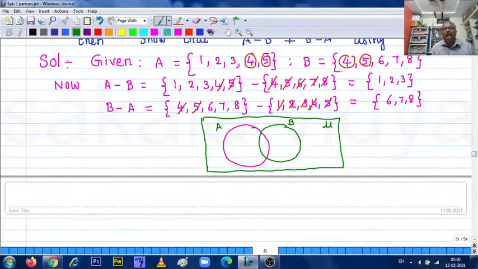We have 4, 5. Next, this is 1, 2, 3. The red part is the A minus B part. Next take a dark color. B minus A is 6, 7, 8. So now you shade like this part up to this part.